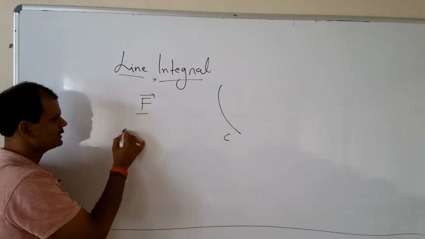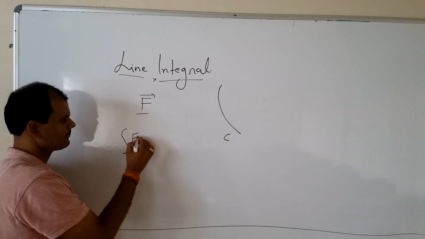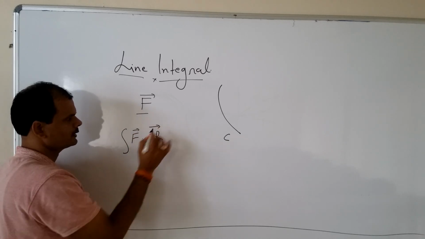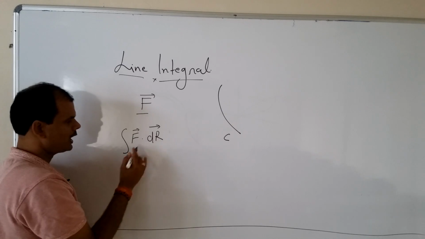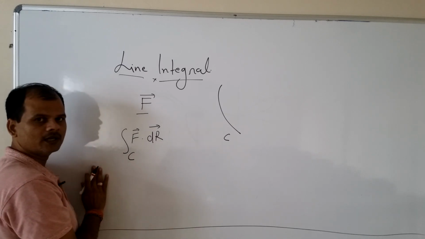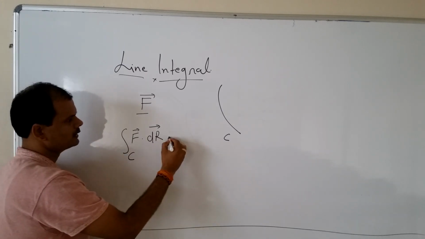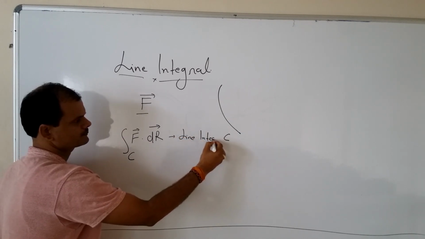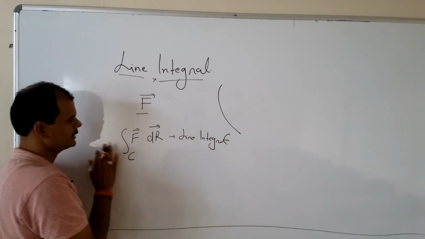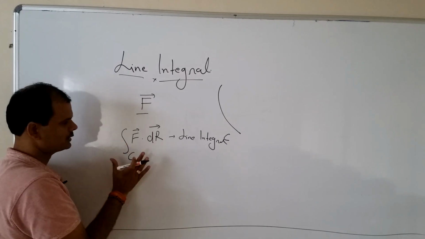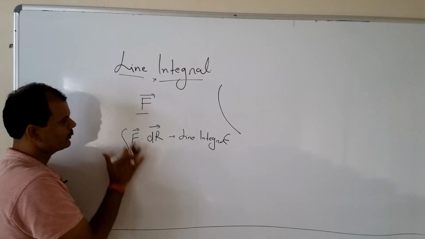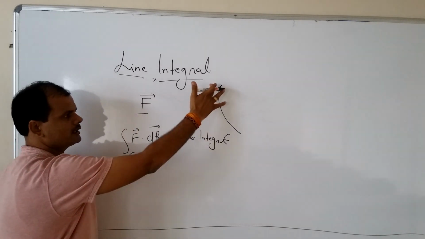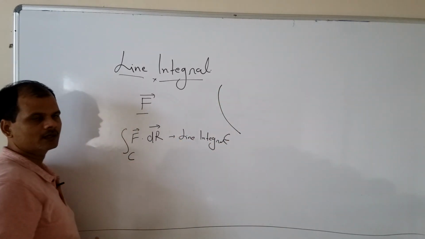Then this integral of F dot dr along the curve C is called the line integral, where F is the vector point function defined on each and every point of the curve.